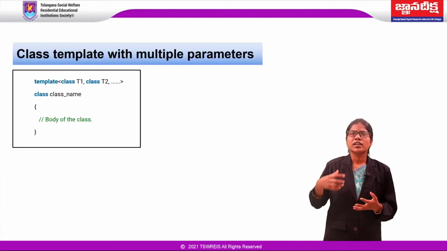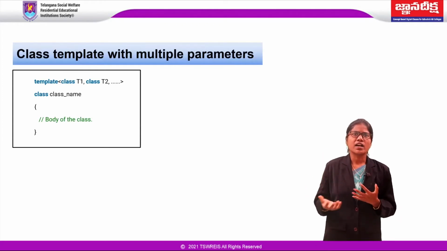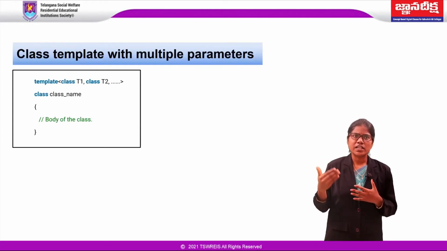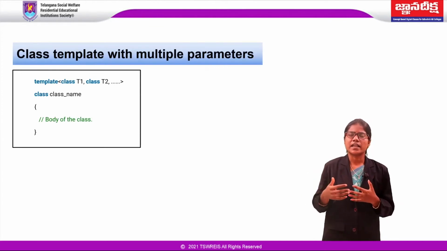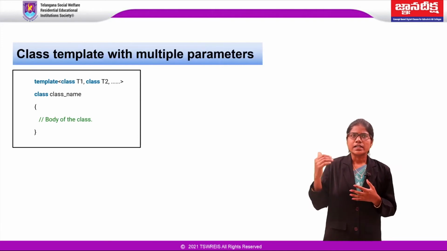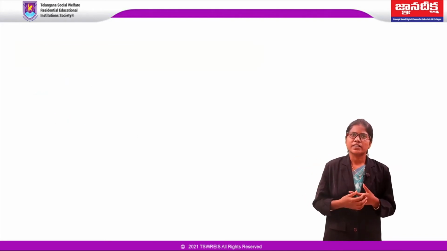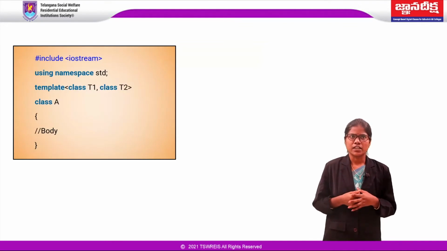Then the class keyword and class name. Here T1 and T2 are placeholders which get replaced with data types that are specified at the time of object creation. Let's see a simple example when a class template contains two generic data types.